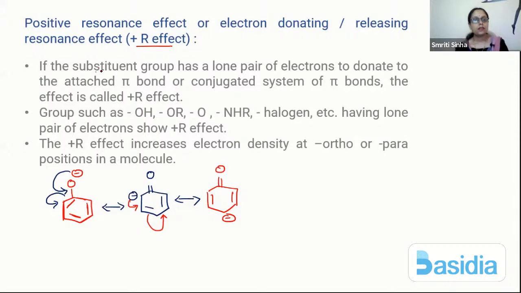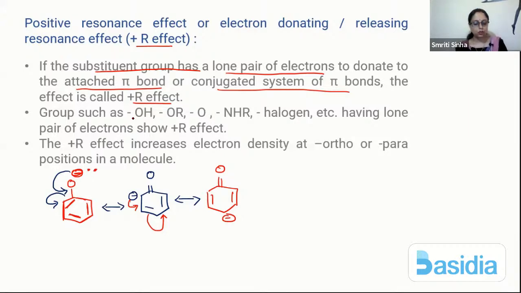If the substituent group has lone pair of electrons or negative charge attached to the pi bond or conjugated system of pi bonds, that group will show this plus R effect. It may be a negative charge or an electron pair in conjugation with the aromatic ring, which can be pushed towards the ring.